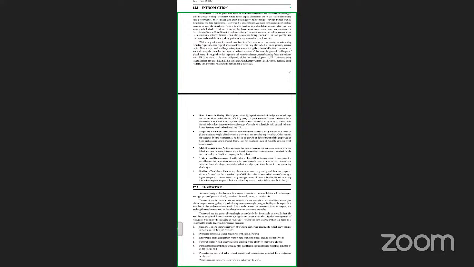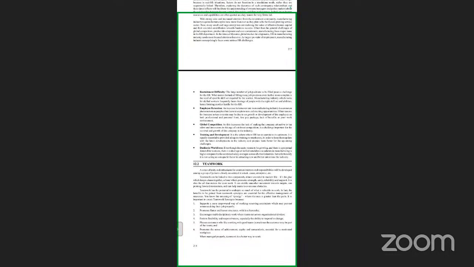Other reasons for increase in turnover rate may be no growth or development of the employee on both professional and personal front, or low pay package, or lack of benefits, or poor work environment. And global competition increases the task of making the company attractive to top talent and innovators. This age of cutthroat competition is a challenge for us.